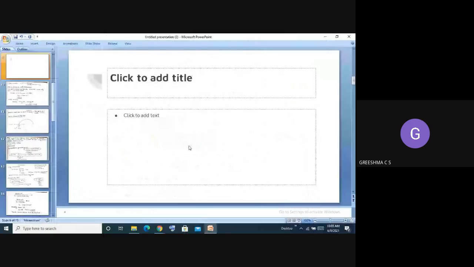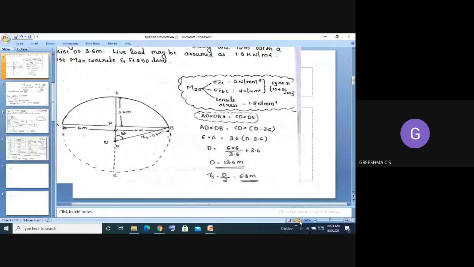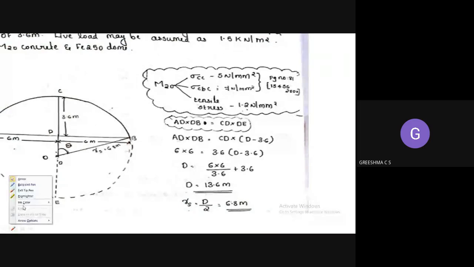Are you getting it? So next you have to find out the angle theta. So this is the angle theta. Sin theta is opposite side divided by hypotenuse. The opposite side is 6 meters. The hypotenuse, just now we found the diameter, so the radius is the hypotenuse.